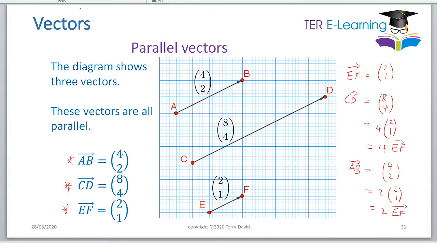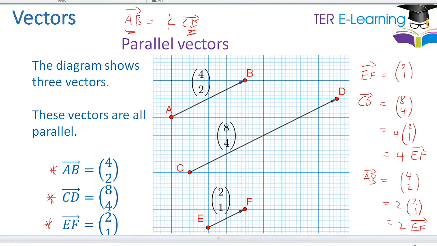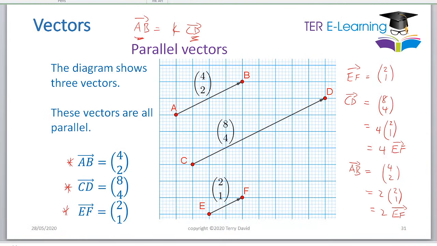Once you can prove that one vector, let's say AB, is equal to K times some other vector, let's say K times CD, it means that the vectors AB and CD are parallel. So once I can write a vector as a multiple of another vector, then they are parallel. This is going to make a little more sense when I look at some of the questions.